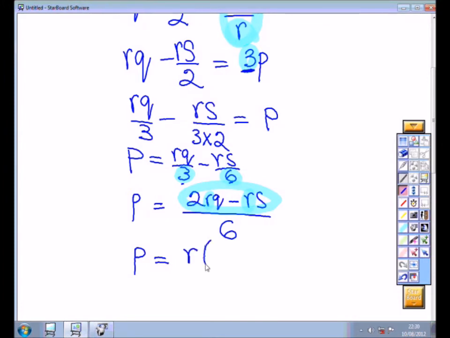So we have 2Q remaining minus only S on this side. So this will be everything over 6. So any of these 3 ways will be the way to put our final solution.